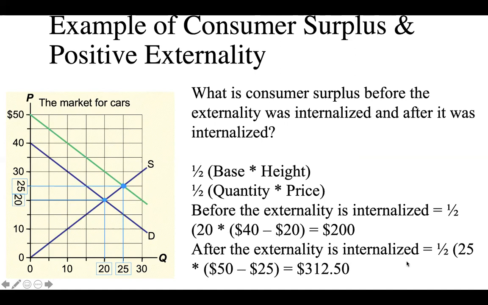After the externality is internalized, the new consumer surplus is 1/2 times 25, the new equilibrium quantity, times the new max 50 minus 25. That gives us $312.50. So notice that when the positive externality is internalized into the market, consumer surplus increases because the appropriate quantity is now being produced.